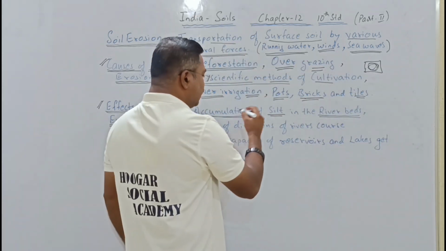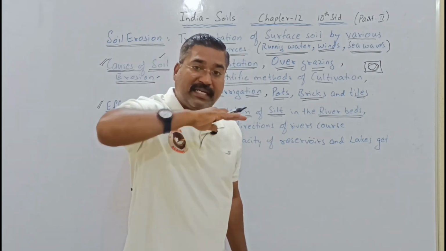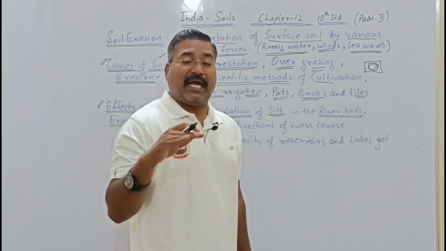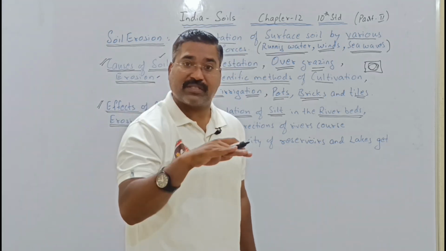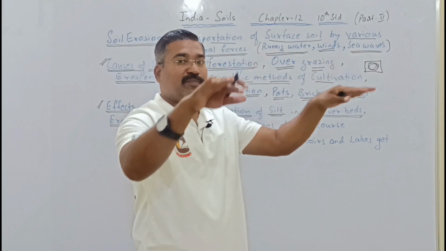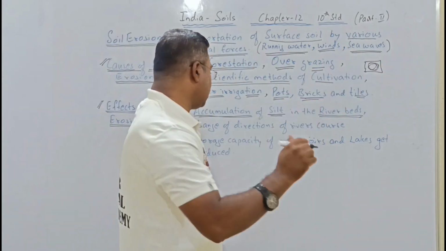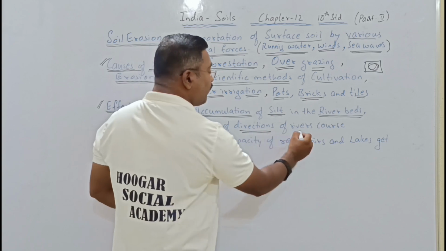It accumulates at the river beds. If silt accumulates on the river bed, the water level first reduces, and second, as it moves upstream, the catchment area also becomes large. This can even change the direction of the river's course.